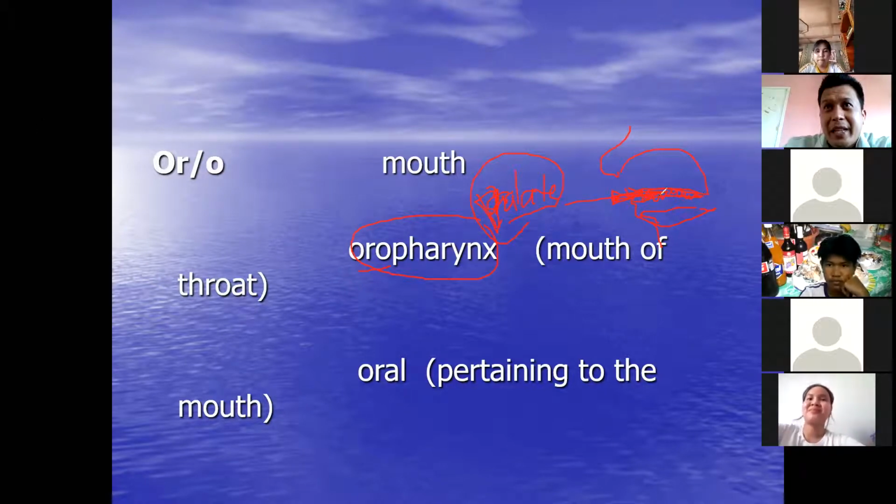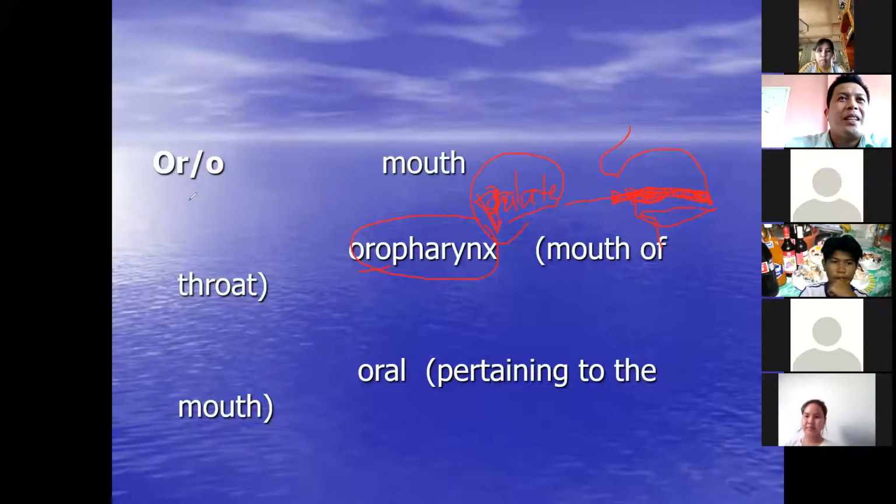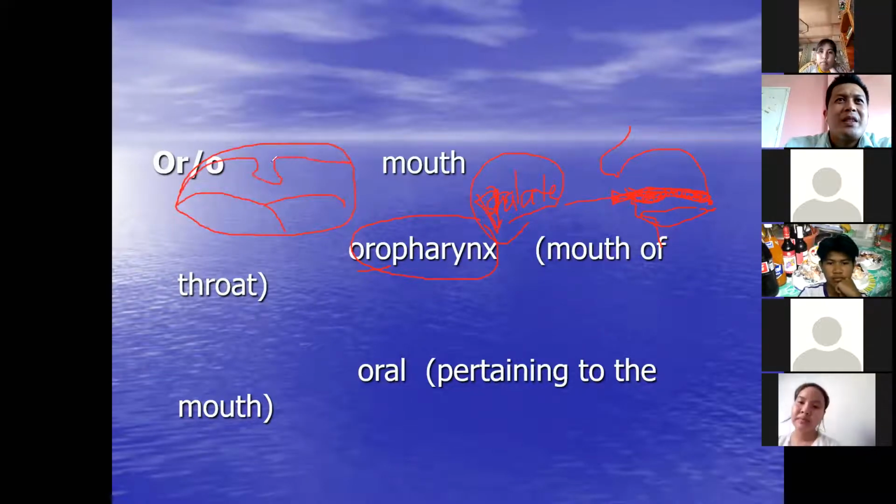Going back, seriously speaking, this area here is the hard palate, and this area here is the soft palate. The end point of your soft palate is a bulb. When you draw a cartoon character and that character shouts, this is the tongue, and somewhere here is the part which vibrates when the character shouts, "Ah."